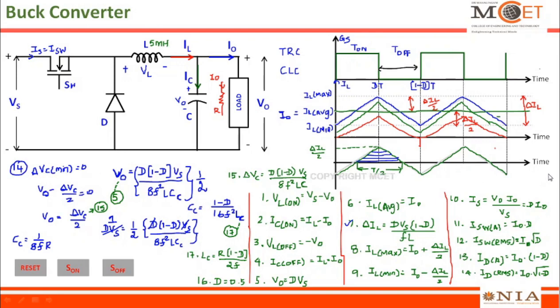So these two expressions, that is this expression Cc and this expression, another expression for critical capacitance, are also important expressions. That is, this is expression number 18 and this is expression number 19. So these 19 expressions are very, very important in order to design the buck converter properly in a practical way.